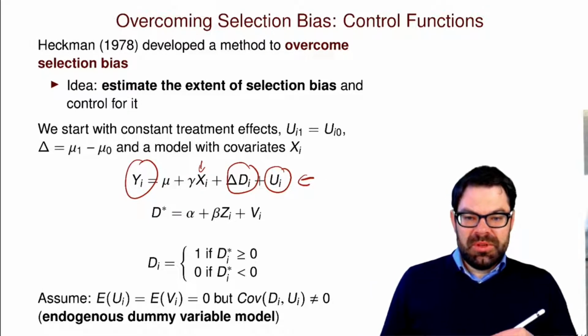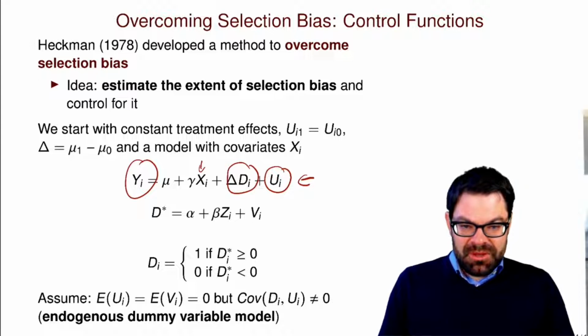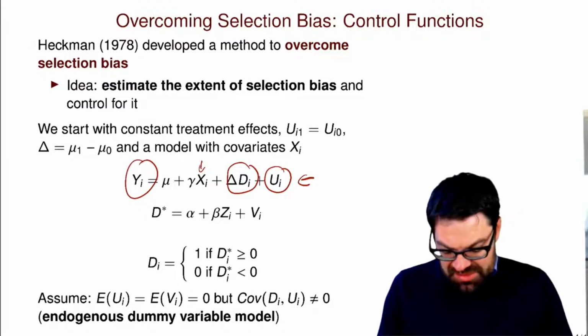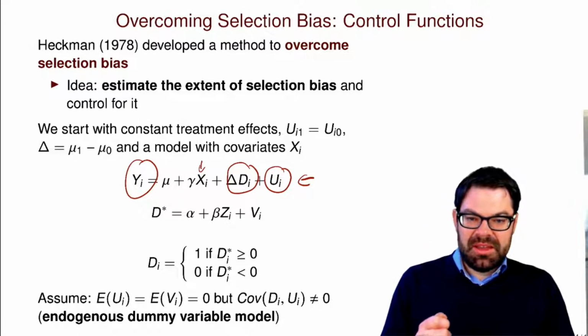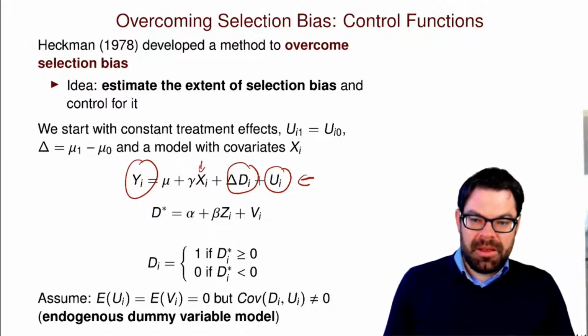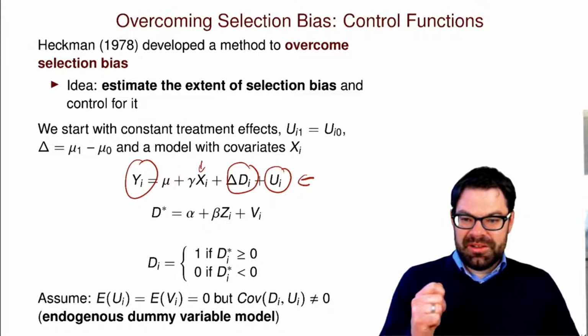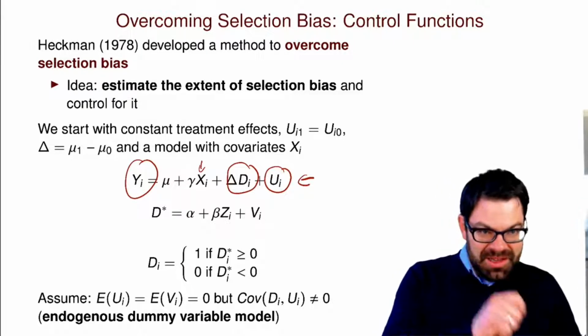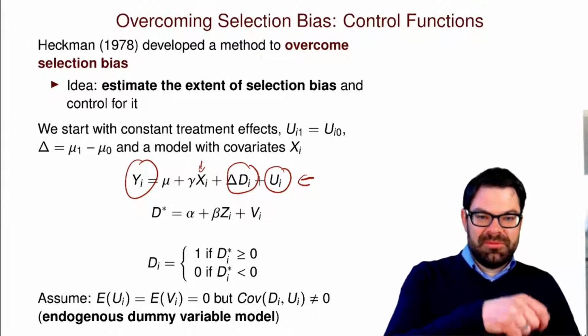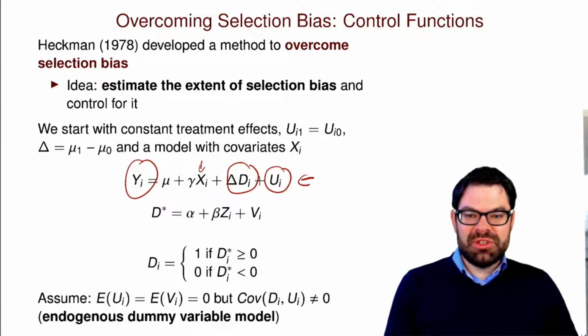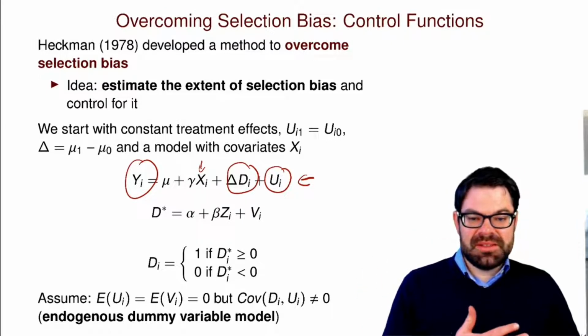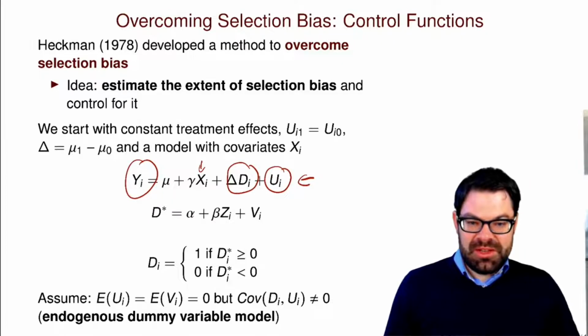Now, what we do here is we start off with constant treatment effects, which means that for every person we assume that the treatment effect is the same. And so that obviously simplifies the model dramatically, and then at a later stage in future models that I'll walk you through, we will relax this assumption and allow for heterogeneous treatment effects across people in the population.